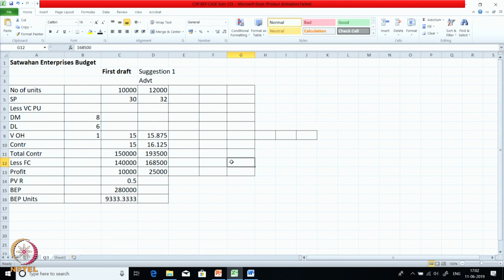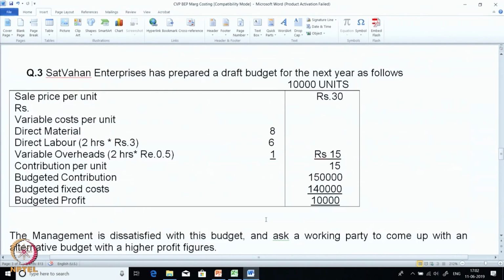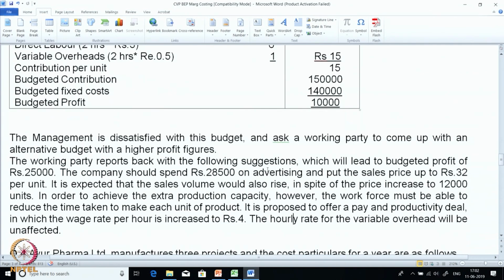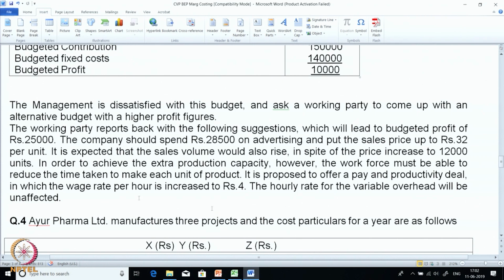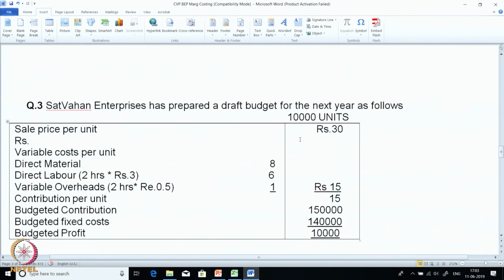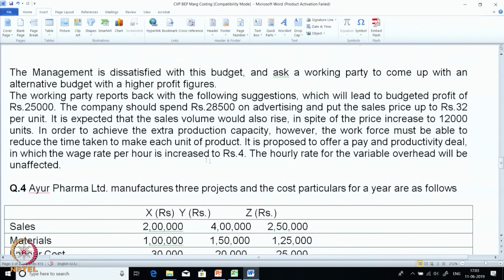Now, are you able to match that? I think it will be tough because direct material is 8. What is the new labor cost? They have increased the labor rate because they want to increase production from 10 to 12. It is a pay and productivity deal. Since workers are increasing the number of units, we are giving them 4 rupees per hour.